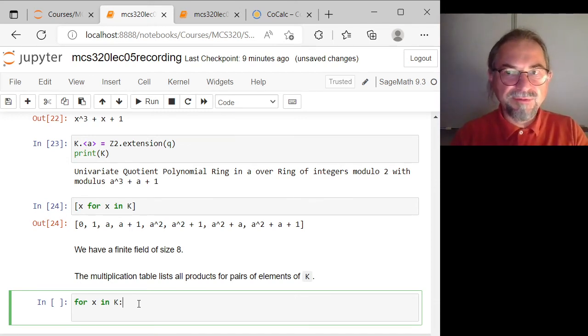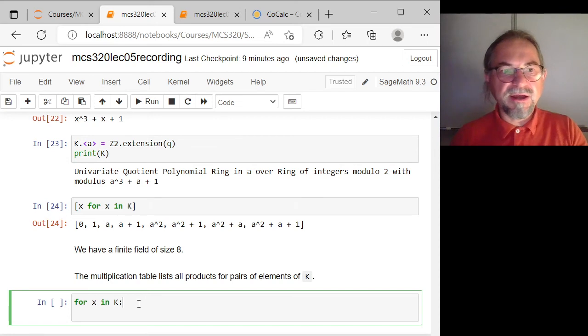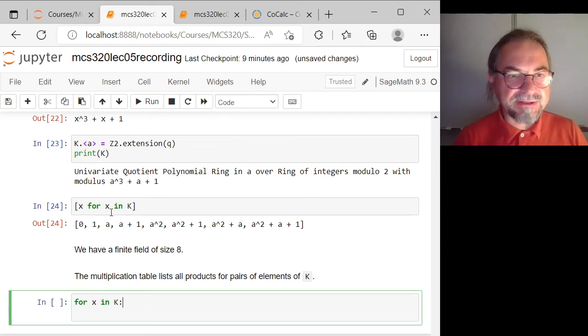You are computer scientists and you know the scope. So the x in K, the x here and also the x there, this is just a local variable.